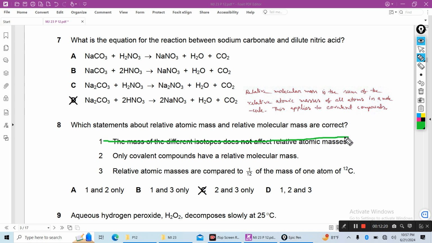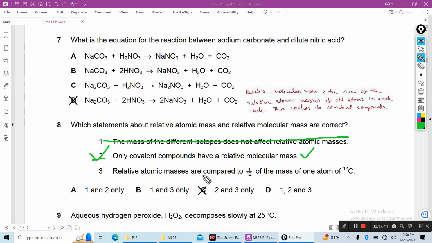2. Only covalent compounds have a relative molecular mass. Yes, this is true. Relative molecular mass is only applicable for covalent compounds. And 3, this is true.